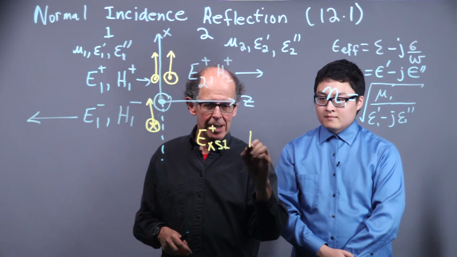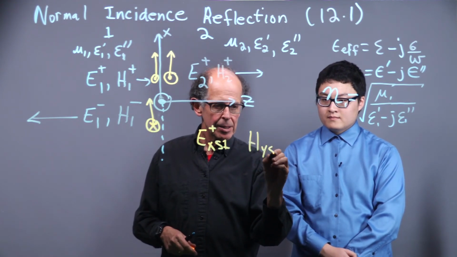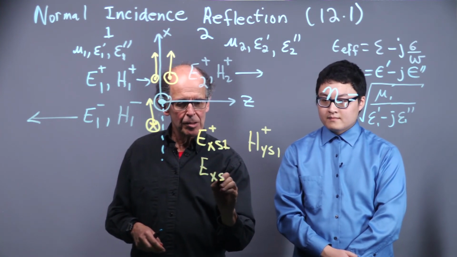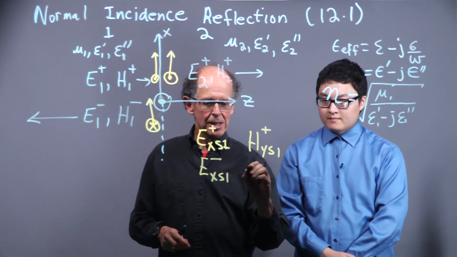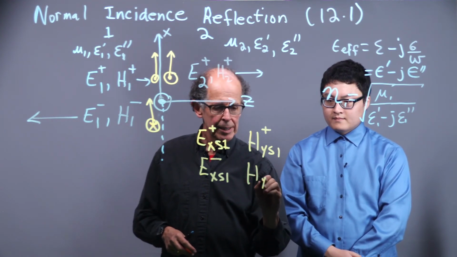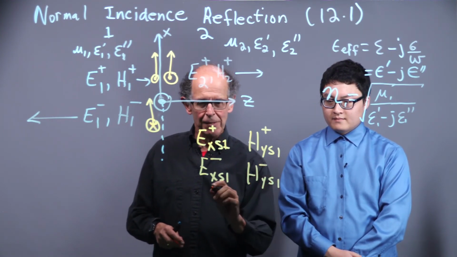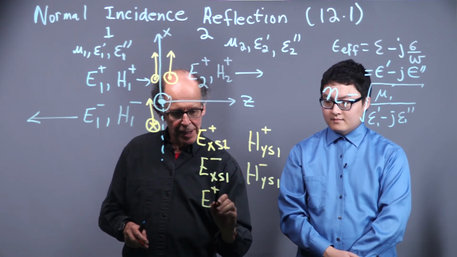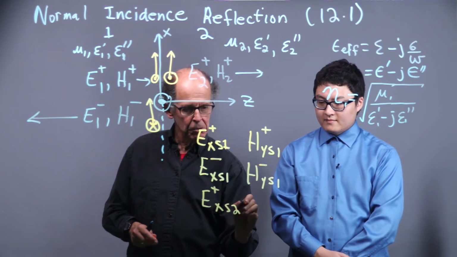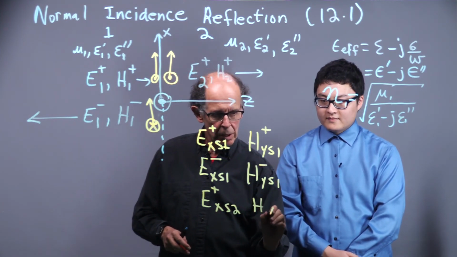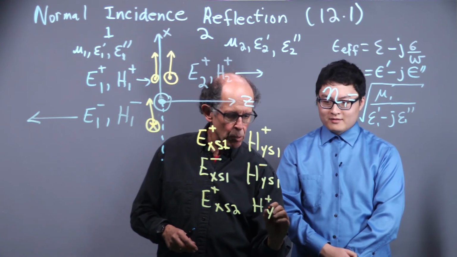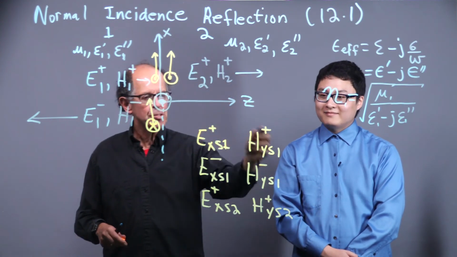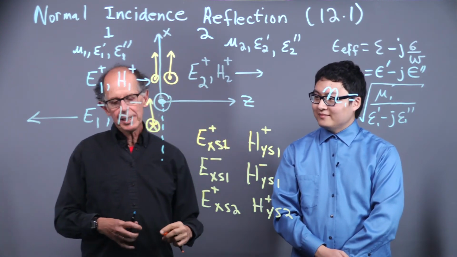And then we have H y s1 plus, and then E x s1 minus, and H y s1 minus, and then E x s2 plus and H y s2 plus. So those are the six quantities that we have to write out.